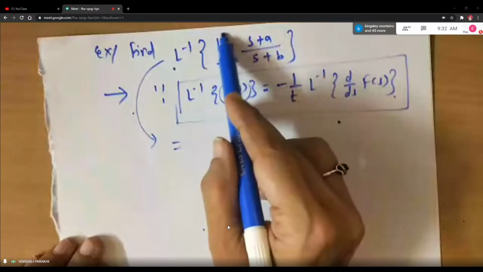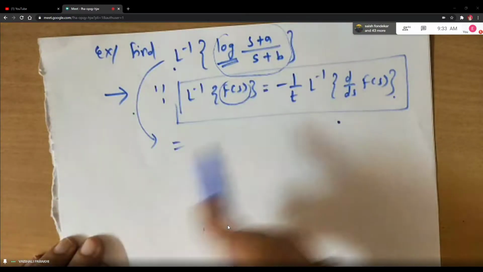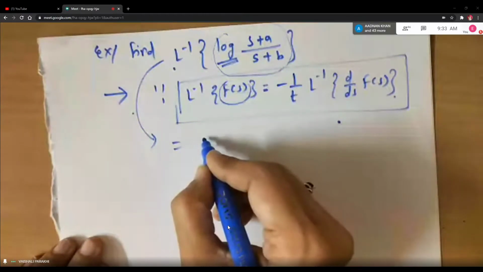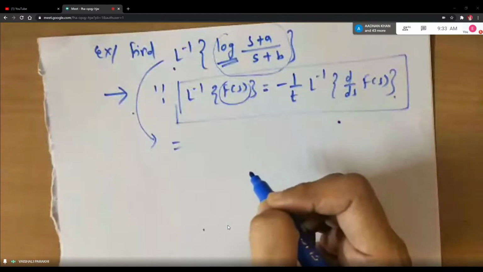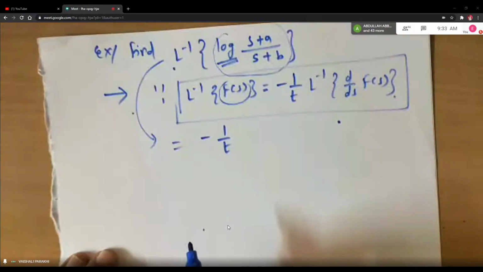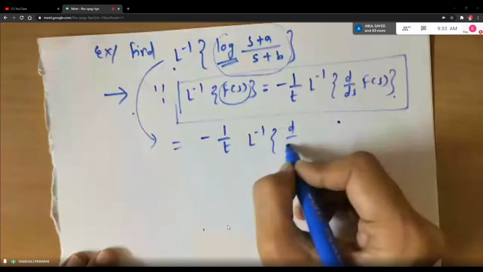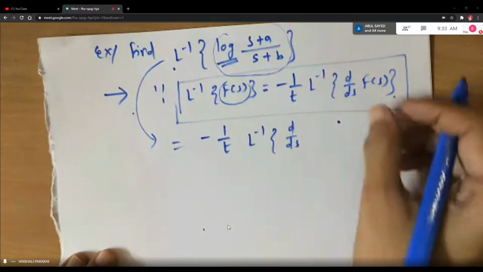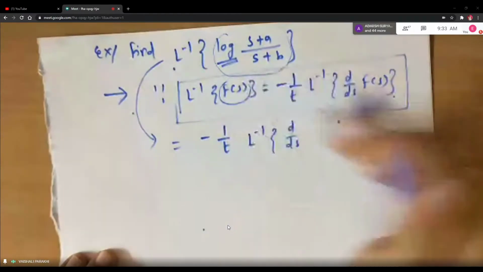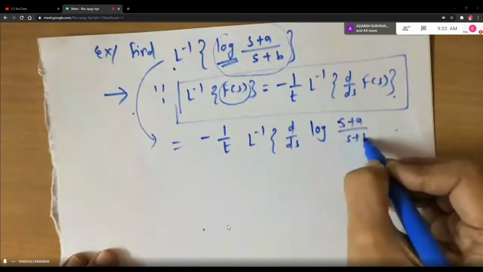F of s is nothing but this function, log of (s plus a) upon (s plus b), correct? So the right hand side will be, nothing I will be doing, I will be just substituting. See, minus 1 by t, which is there in the formula, L inverse, which is there in the formula, d by ds, which is there in the formula, and our F of s in this particular problem I am substituting, log of (s plus a) upon (s plus b).